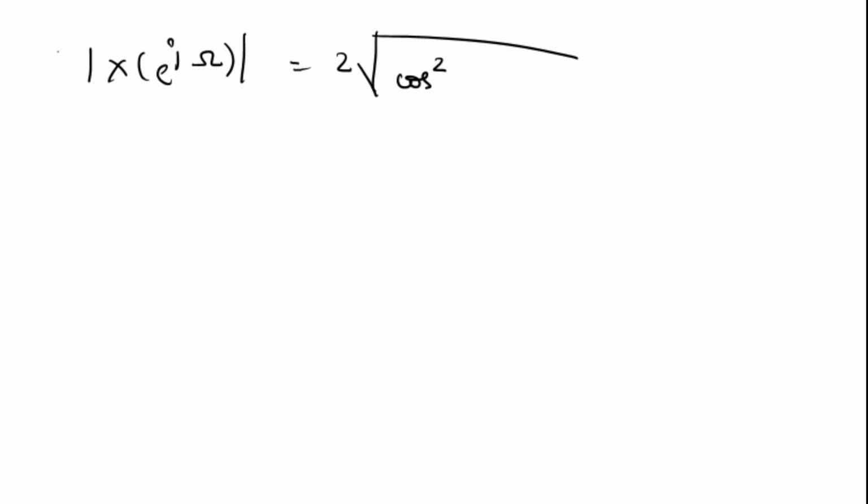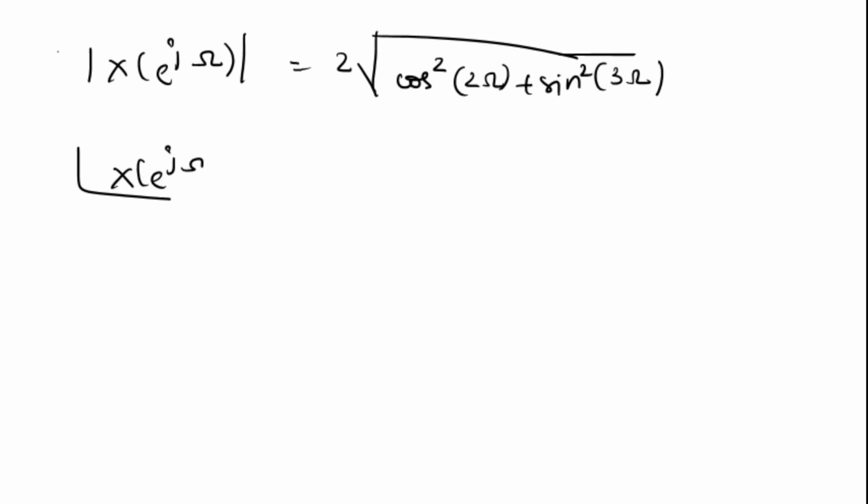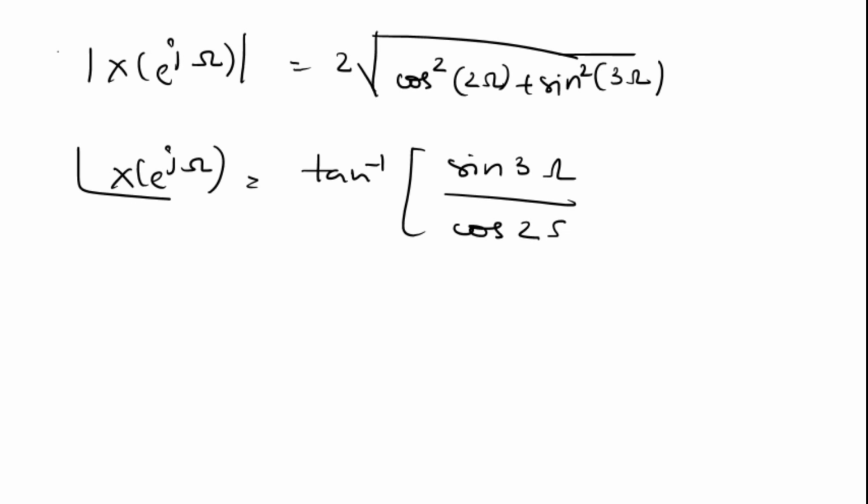Then magnitude of X of e power j omega is equal to 2 into root of cos square 2 omega plus sin square 3 omega. Similarly, angle of X of e power j omega is equal to tan inverse of sin 3 omega divided by cos 2 omega.